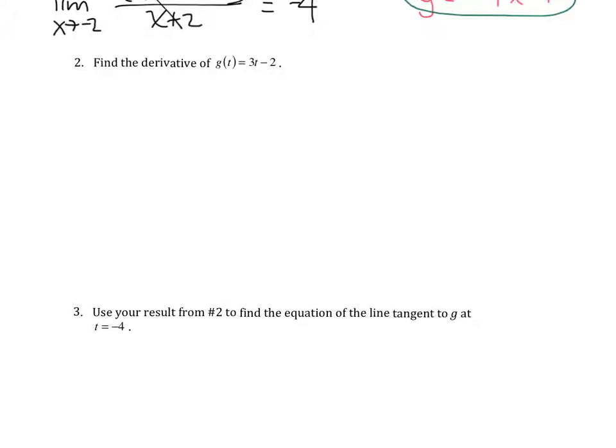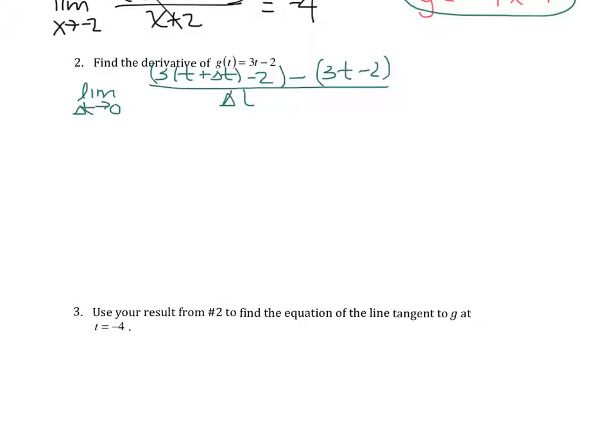In this case, we can't use our alternate form of derivative because it's not asking for a derivative at a point. So we have to use the limit as delta t approaches 0 of g of t plus delta t, so that's 3 times t plus delta t minus 2, minus just g of t, that's 3t minus 2, all over delta t.